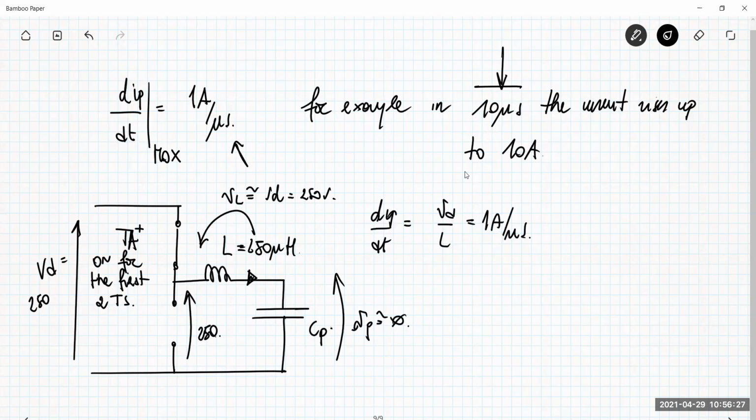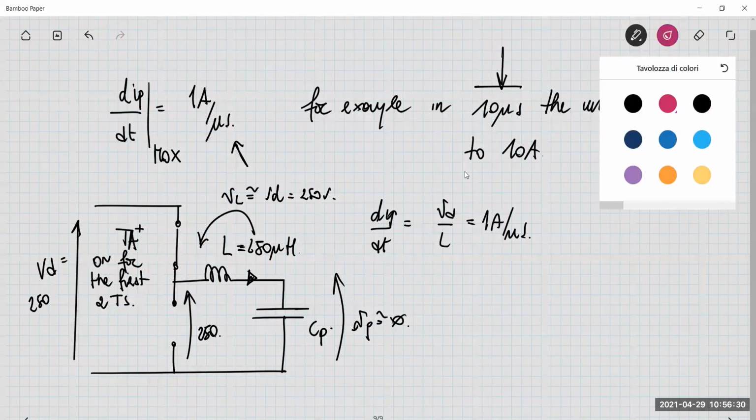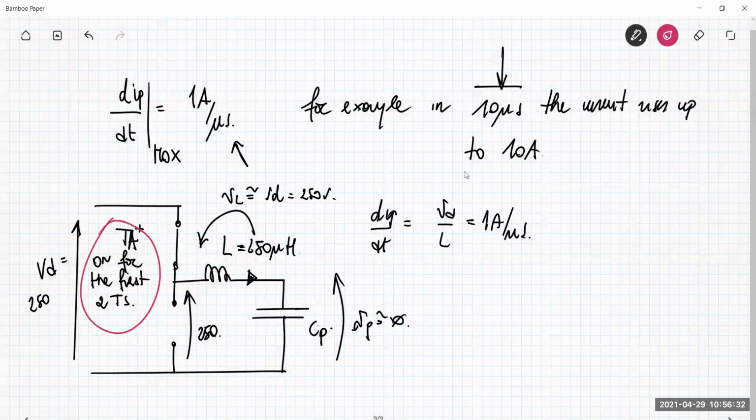So if I force this transistor to be closed for the first two switching periods, the current goes up exactly to 10 amp.